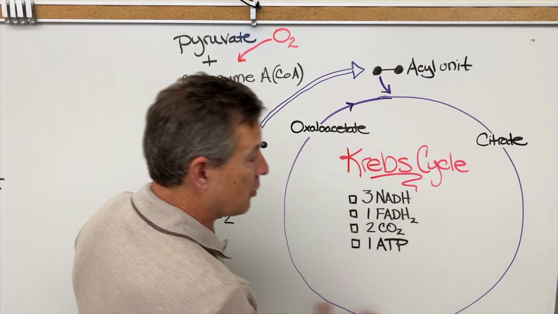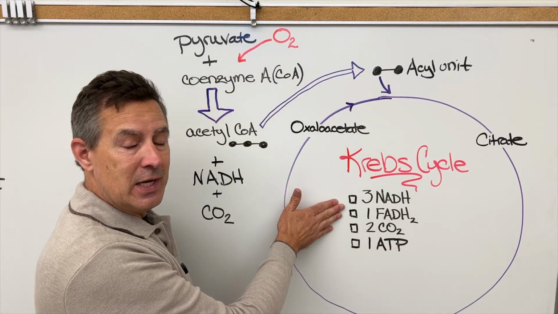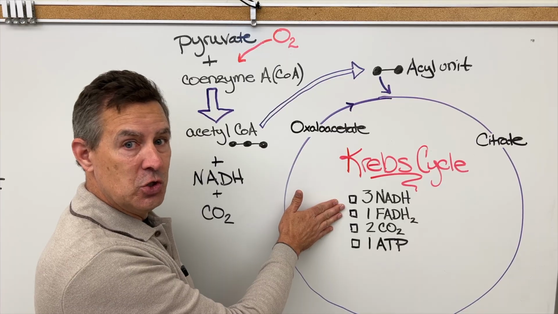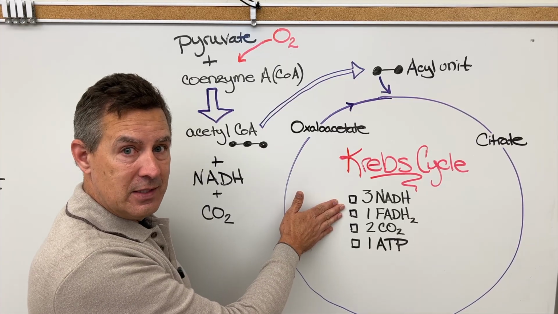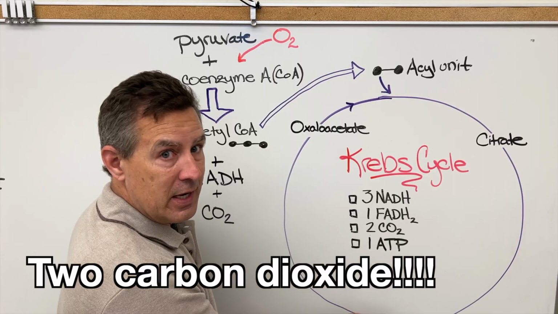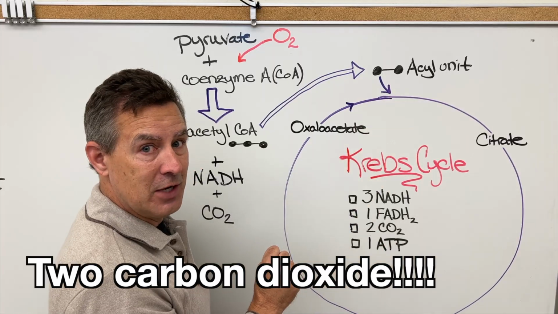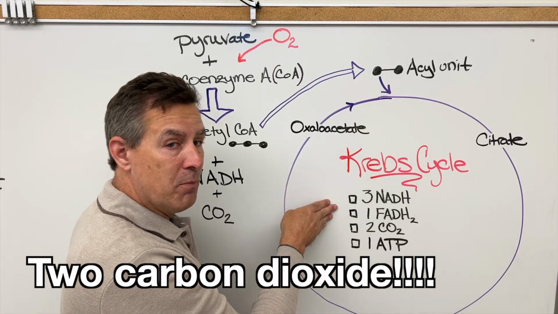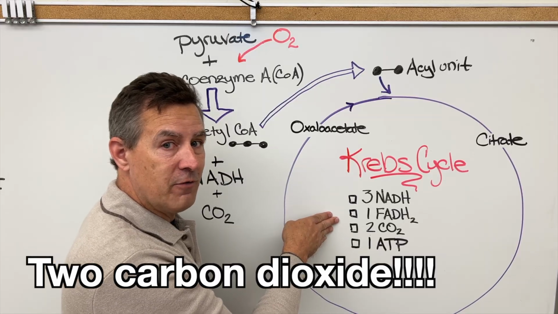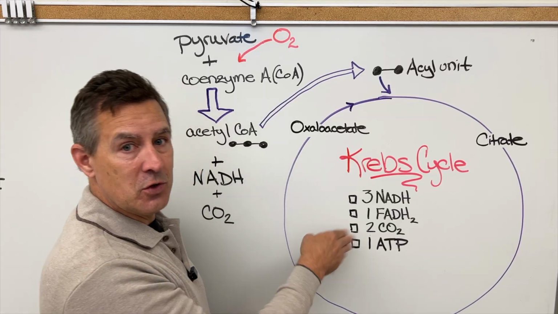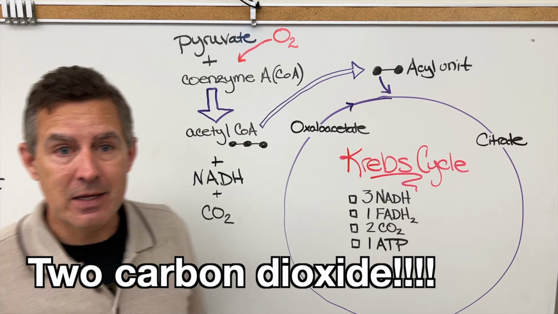So one enters the Krebs cycle, creates these 3 NADH, 1 FADH2, 2 carbon dioxide, and 1 ATP. The other one then enters, that is to say the other acyl unit enters, and we produce 3 more NADH, 1 more FADH2, 2 more CO2, and 1 more ATP.